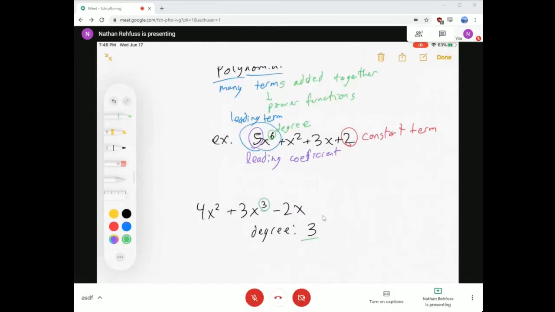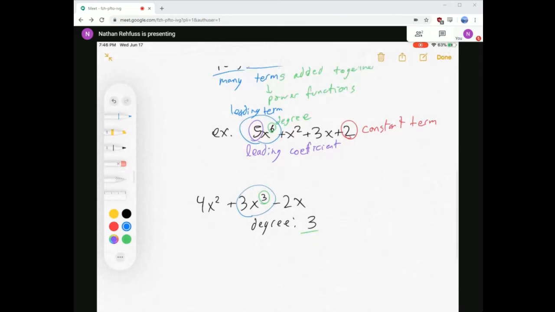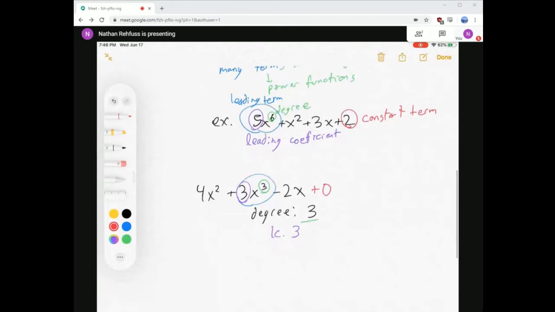If I don't, then it's not in standard form, but we can still find the degree. That means this whole thing is the leading term. Then the leading coefficient is this 3. I'll just abbreviate that LC most of the time. And the constant term is 0. It's the same trick as before. I can add 0 without changing the value.